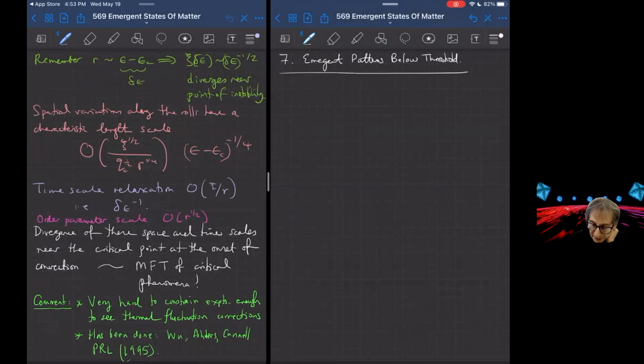So far, we talked about the behavior near the critical point, or the point at which we start to see convection. So now the question is, what about epsilon much greater than epsilon c? We're well into the pattern phase.